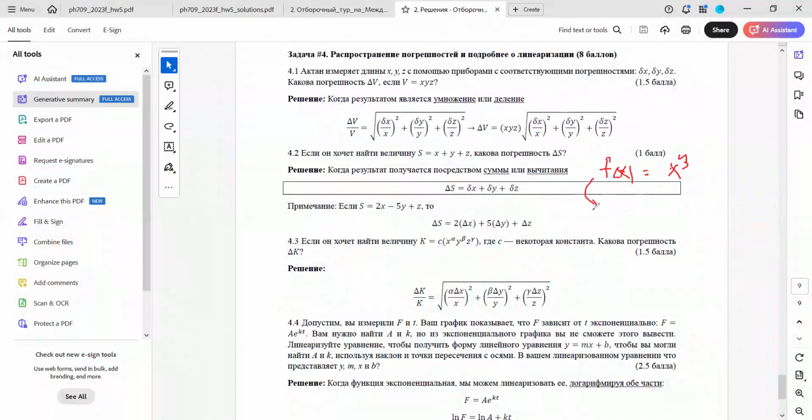This is different from the previous one because this delta f is only df over dx. Here you don't even need the partial, but it's written as partial because we are not limiting ourselves to only one variable, we can do different variables as well.